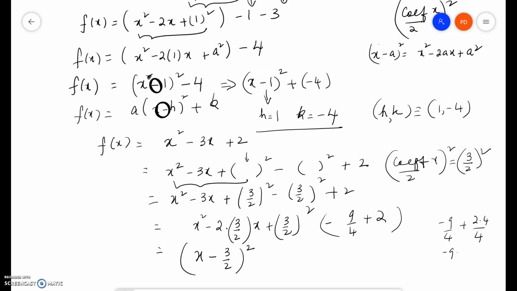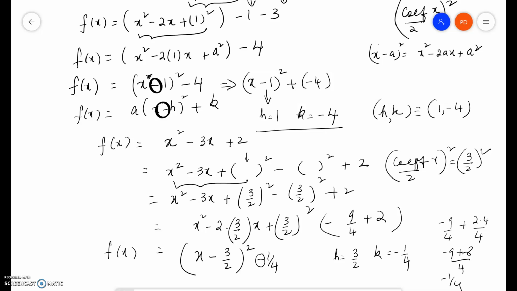So that is negative 9 plus 8 over 4, which is negative 1/4. And that is the function. So clearly from this, h is 3/2, and k, notice this is a negative and not a positive, so k is negative 1/4.